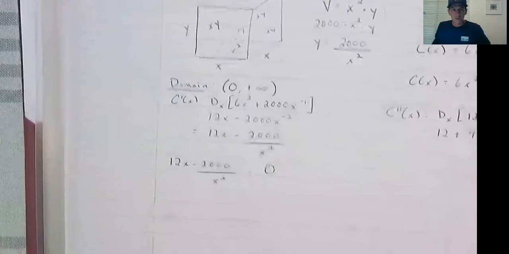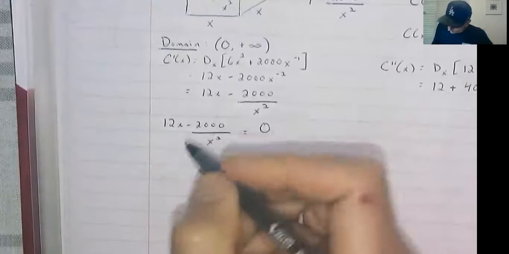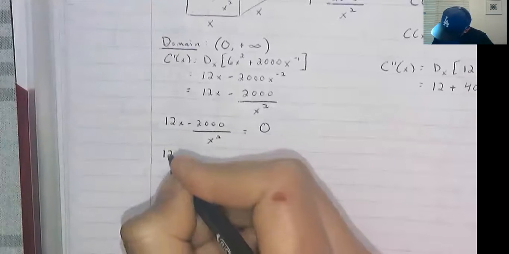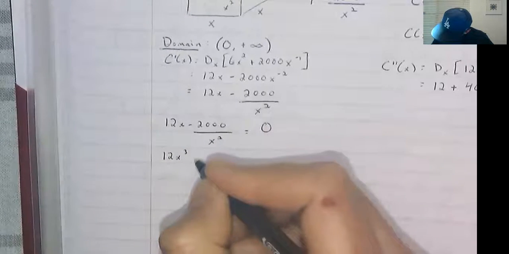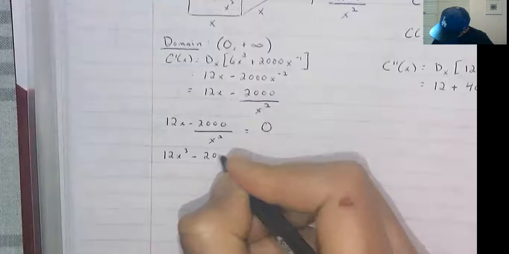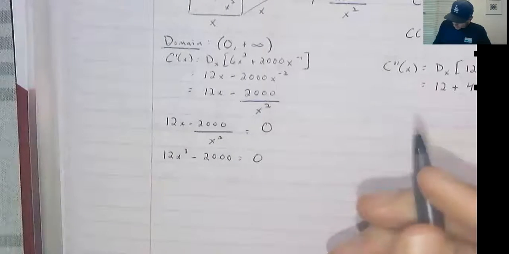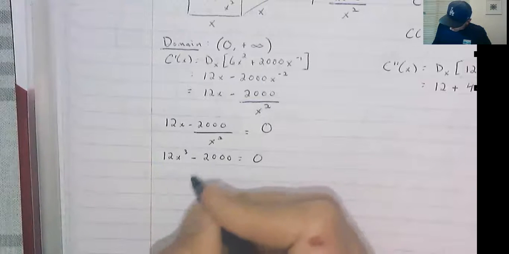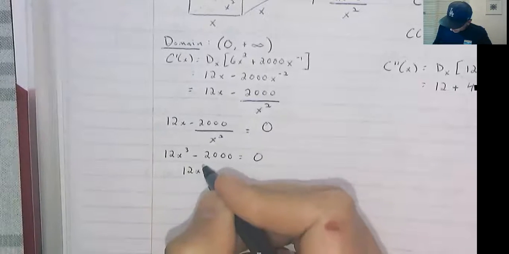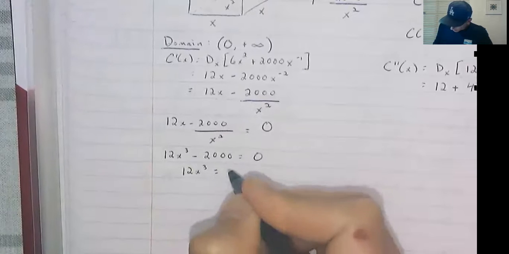We'll multiply through the x squared to get rid of the fraction. 12x cubed minus 20,000 equal to 0. 12x cubed is equal to 20,000.